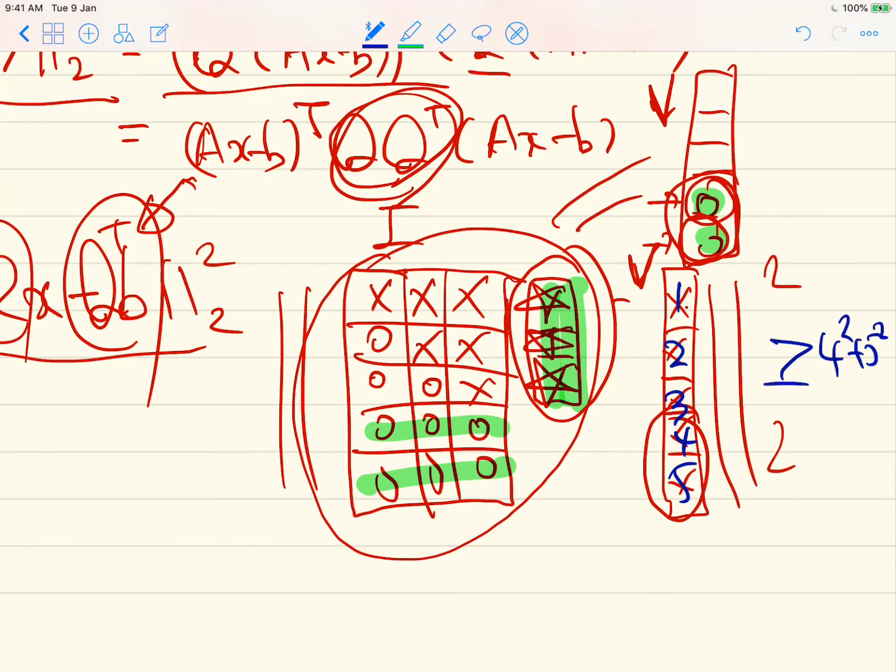Because here we have 0, and this guy has a 4 and 5, and then taking the difference and considering the L2 norm, 4 squared and 5 squared will contribute to our total error, or the L2 distance between these two, right? So we can say that the squared L2 distance should be greater than or equal to 4 squared plus 5 squared, right?